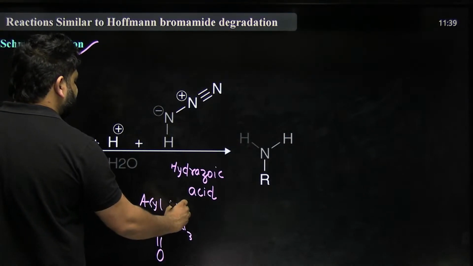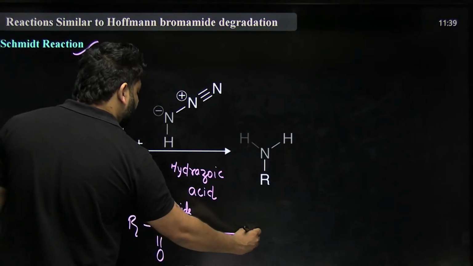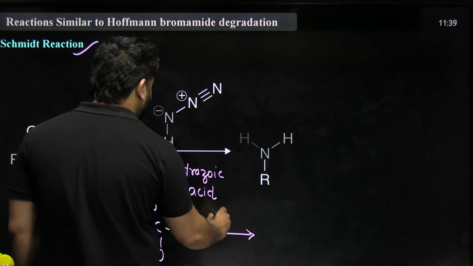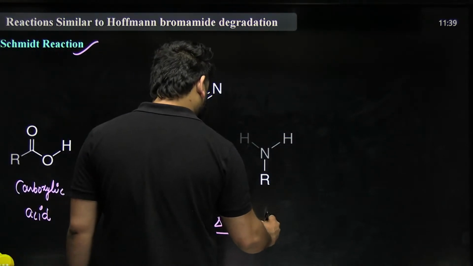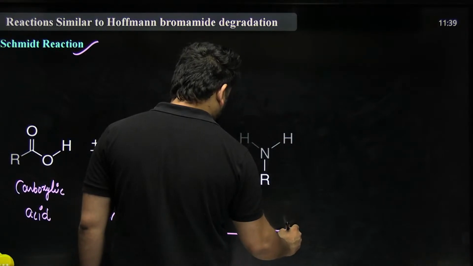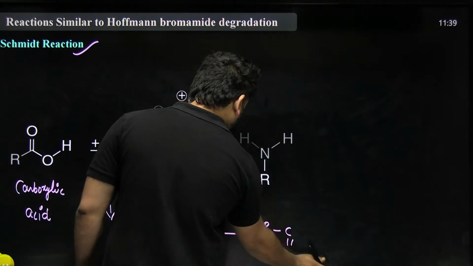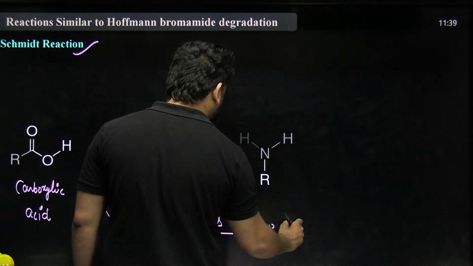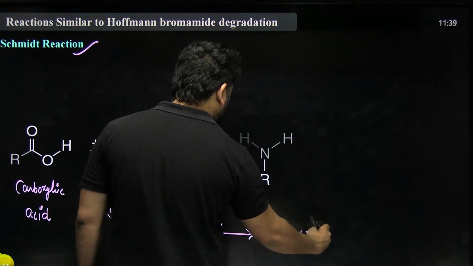And you remember this acyl azide, on just simply heating even, gives you RC double bond O, alkyl isocyanate, RNC double bond O.